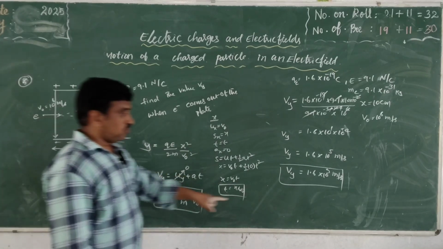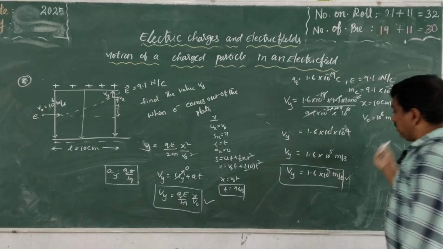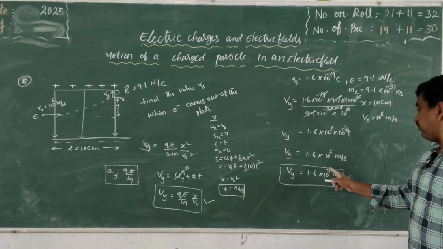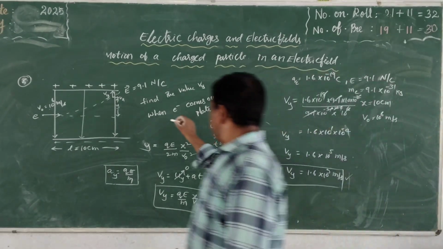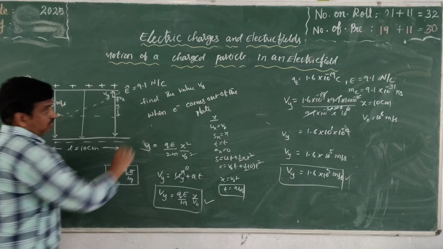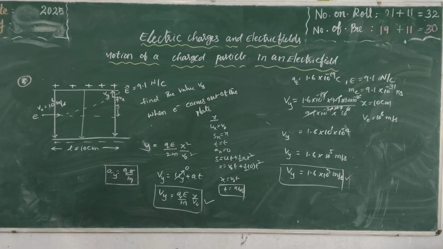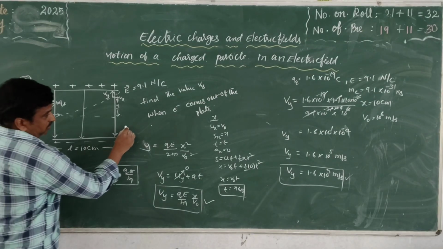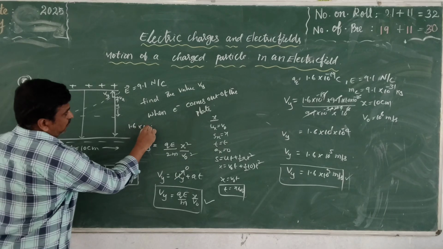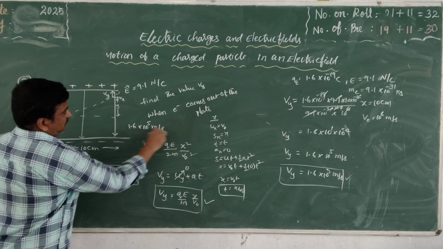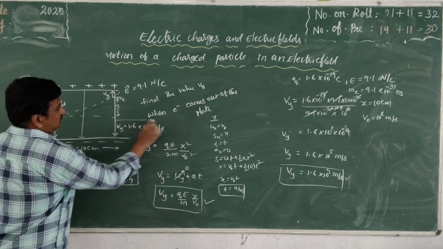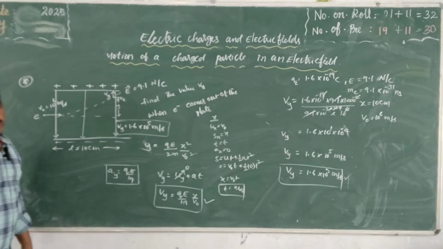We substitute and get the value 1.6 into 10 power 5 meter per second. So the electron comes out of the plates with a velocity of 1.6 into 10 power 5 meter per second along the y axis. This is the velocity of the charged particle. So, thank you.